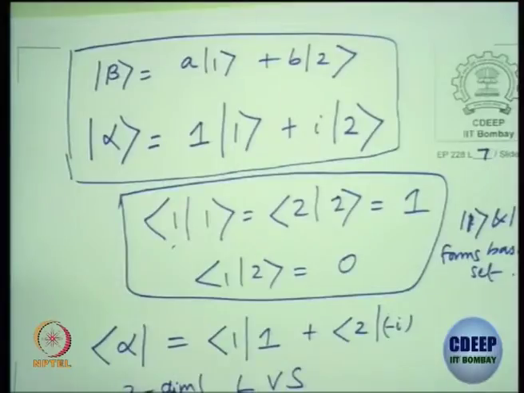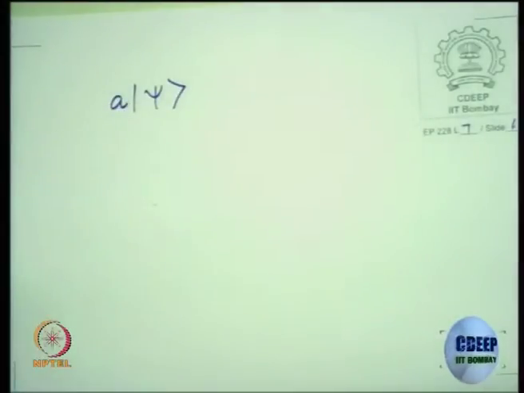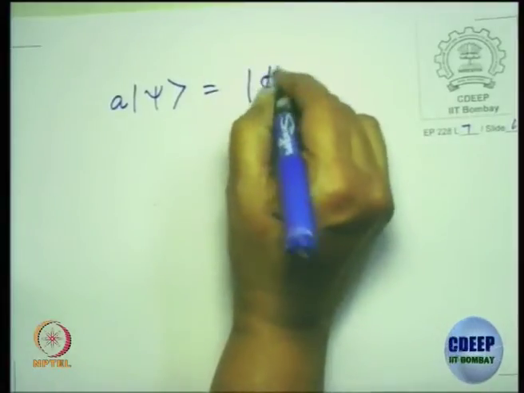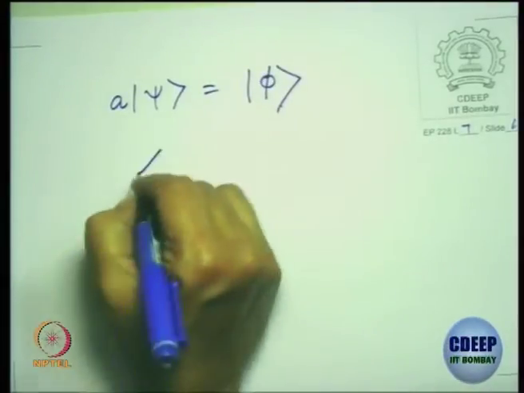This is clear from this example that whenever you have to write the dual vector for any ket, you need to make sure that the coefficients, any scalar multiplying a ket, are handled properly. If you have a vector psi and I multiply a scalar a and call this vector some phi, what is the dual?